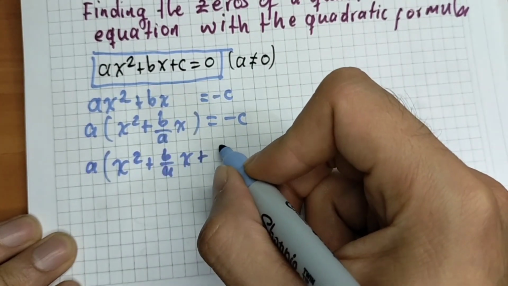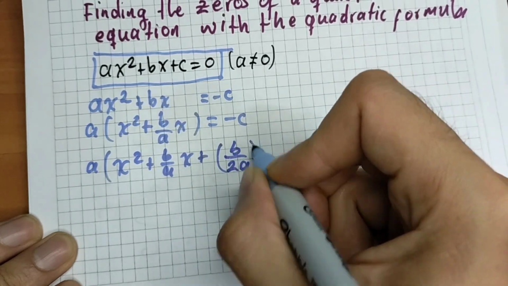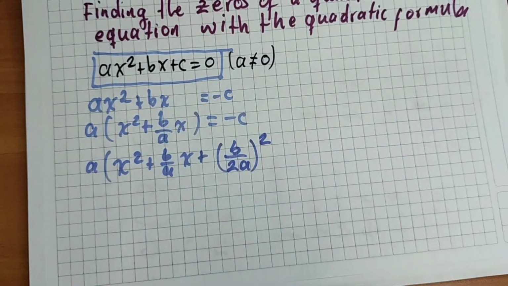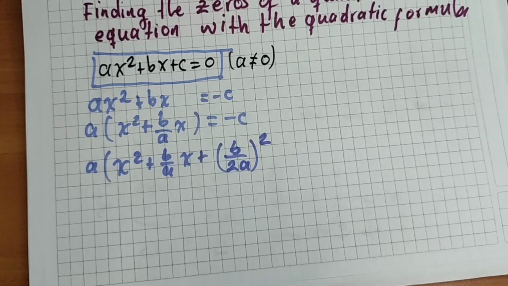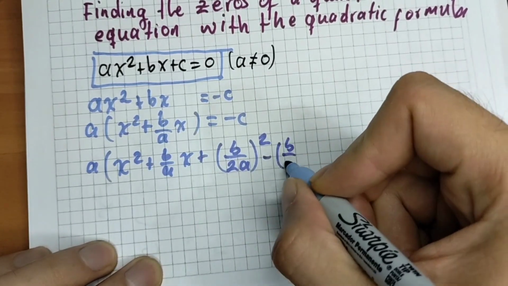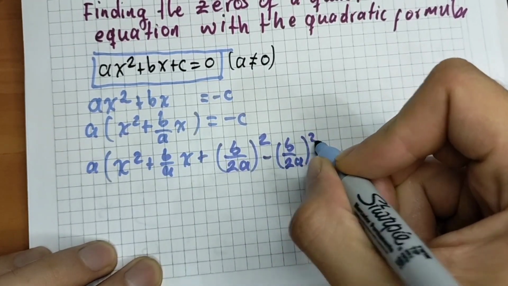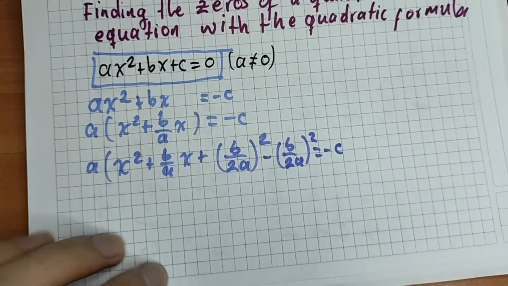So it would be equal to b over 2a, and all this stuff squared. And as we just did this, I need to keep the value of the function. So for doing that, I'm going to subtract from here the same value that I just created in this other position. And all this is equal to negative c.